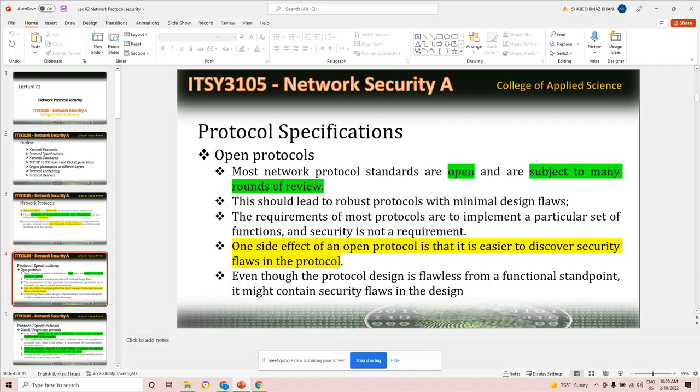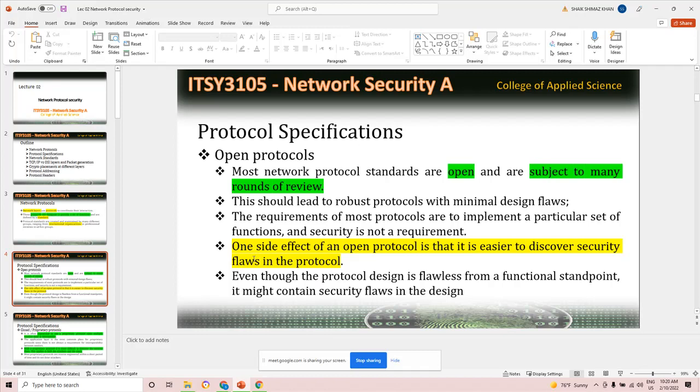So open protocols can be reviewed by others in the community, and this helps the protocol to be improved. But one of the problems of open protocols is that it is easier to discover security flaws.